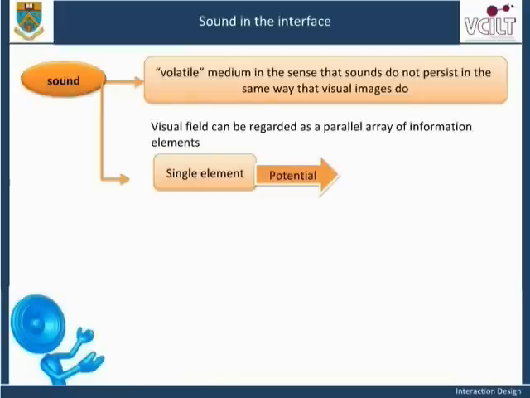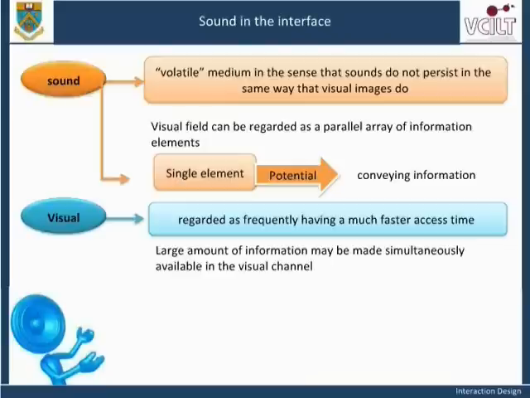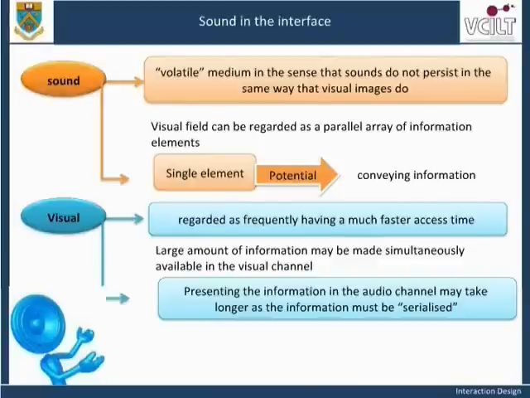Its potential as a means of conveying information, and the amount and type of information that can be carried, is therefore rather different from that of the visual channel. Consequently, the visual channel can be regarded as frequently having a much faster access time. For example, a large amount of information may be made simultaneously available in the visual channel, whereas presenting the information in the audio channel may take longer, as the information must be serialized.